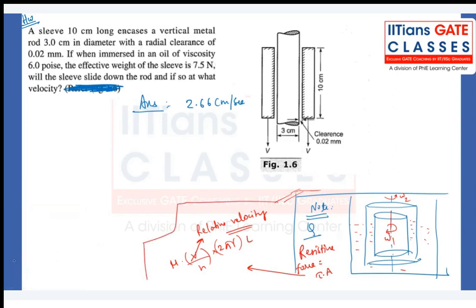Correct. As you can see, the radius is not creating any trouble for us, as R1 and R2 are very, very similar values, right? As the gap is very, very small and we are assuming linear velocity profile.